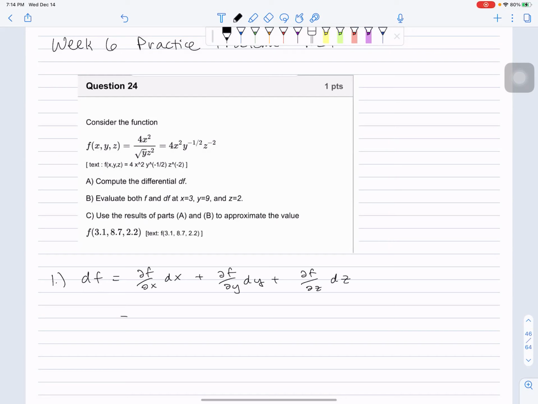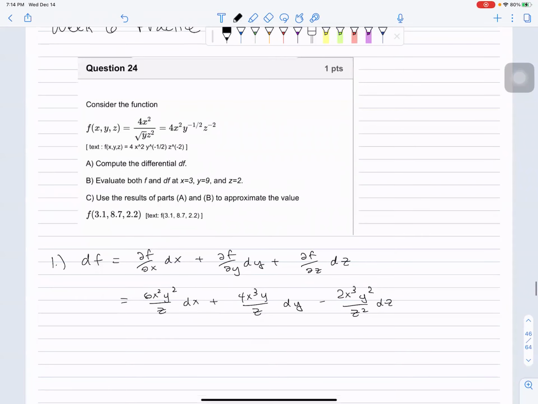I can calculate my partial derivatives. So they wrote it out nicely for me, so I can just directly take the derivatives. Partial with respect to x is going to be 6x squared y squared over z dx. With respect to y is this thing, so this is a lot of partials, so I'm just going to write out the answer. You guys can check it later. So this is my differential. Now they say evaluate both f and df at 3, 9, and 2.